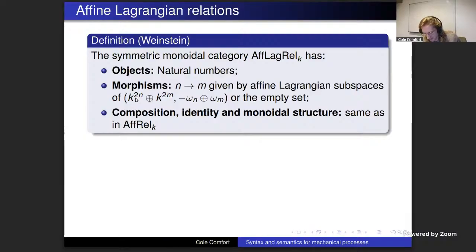So the 2 comes from the fact that now inside of every object, there's not just a position, but also a momentum. And all of the other rules, like the identity, composition, and the monoidal structure, are the same as for affine relations. So really, this is a refinement of affine relations in a way that respects some sort of meaningful physical structure.